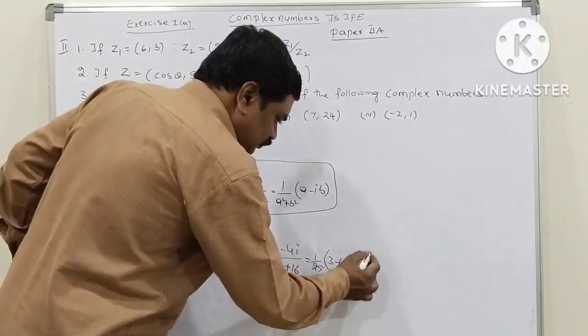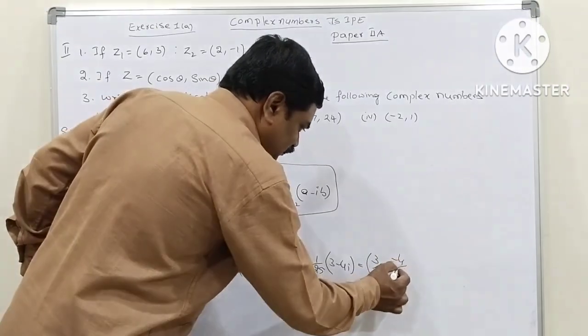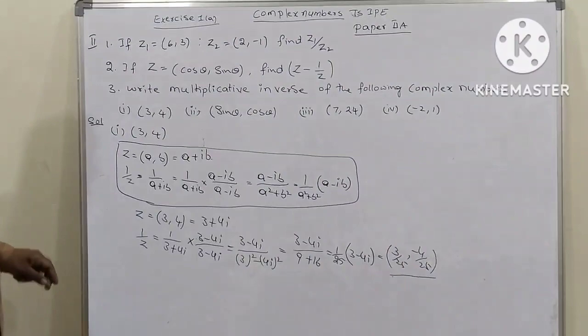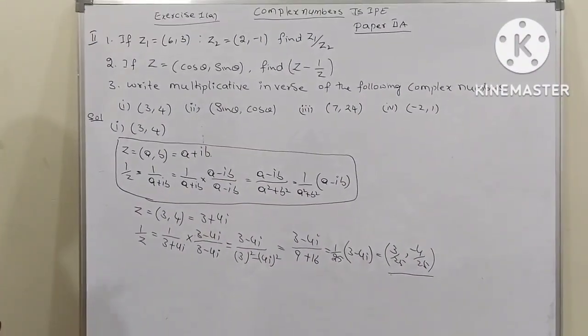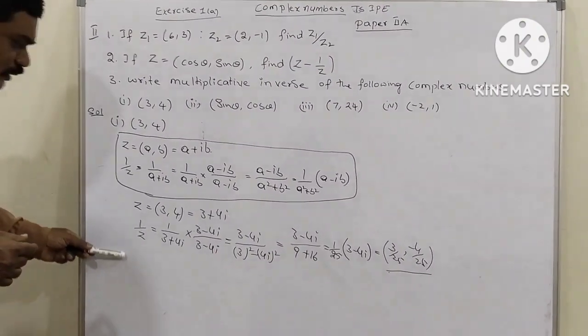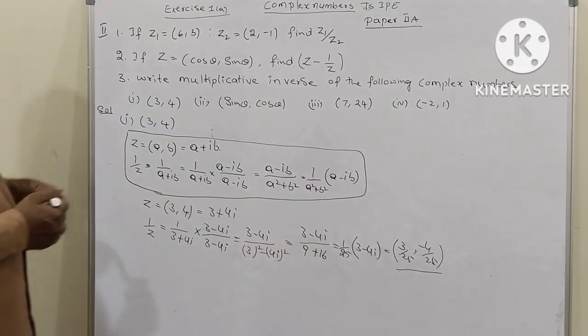This is equal to (3 by 25, minus 4 by 25), the multiplicative inverse of (3, 4). Okay, all of you, we have to find the multiplicative inverse like this.